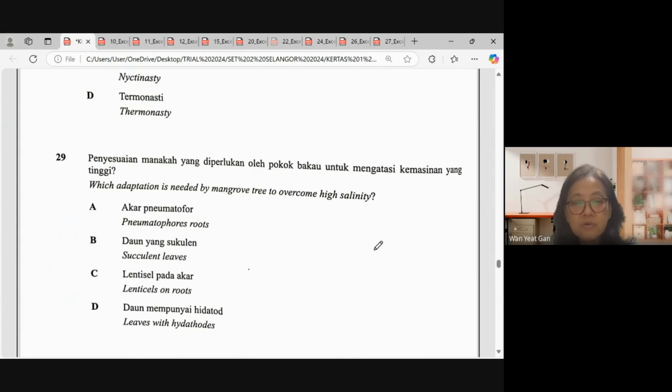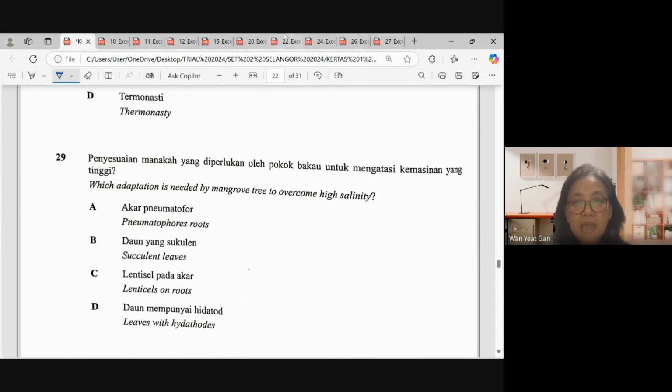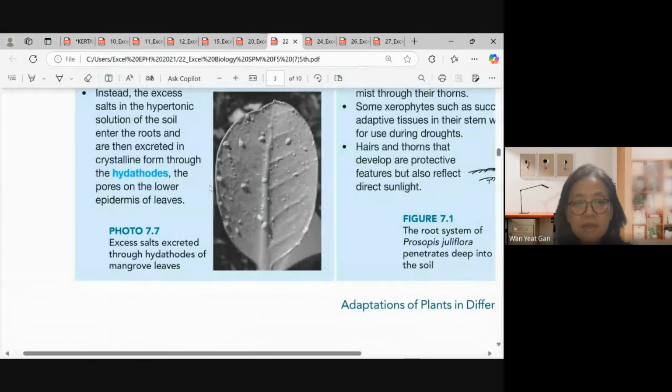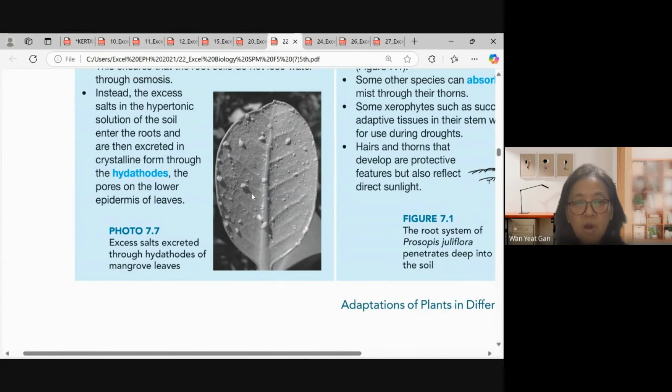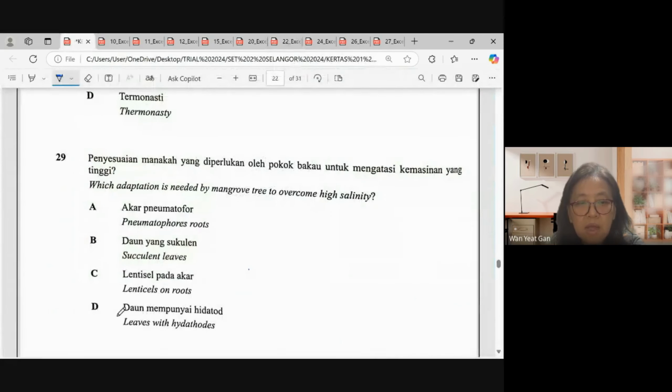In order to overcome this problem, they have leaves that have pores called hydatodes on the lower epidermis, where they excrete out excess salt in the form of crystals. Hydatodes are special pores found on the lower epidermis and also edges of the leaf that can excrete the excess salt. So the answer is D.